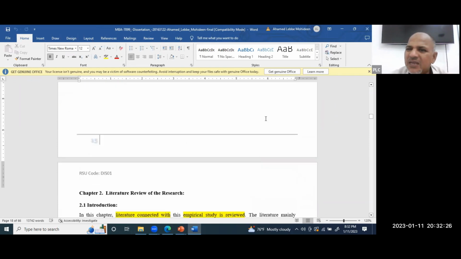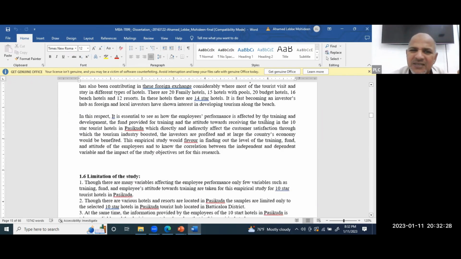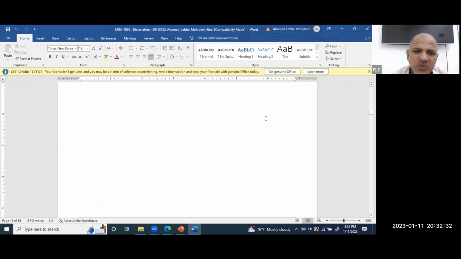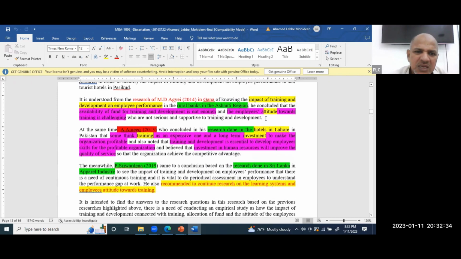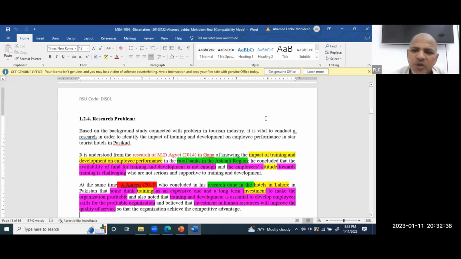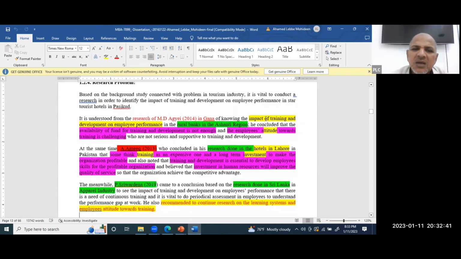So I explain based on one example. It's easy, right? You can easily understand, right? Research questions. And now I have identified the research problem. What is the research problem? There are people who have already identified a problem in training and development.